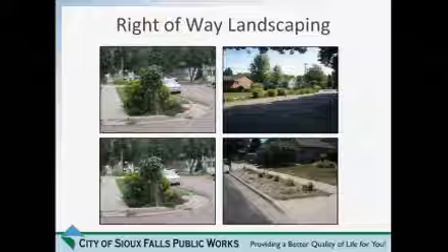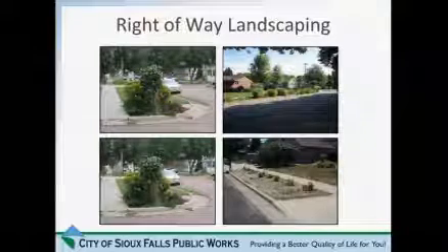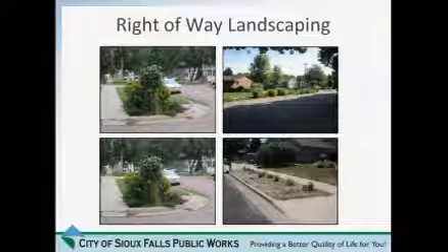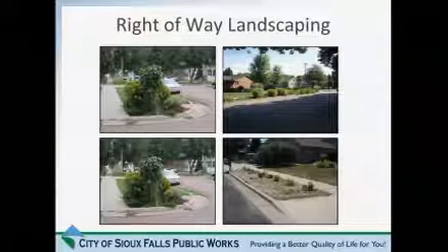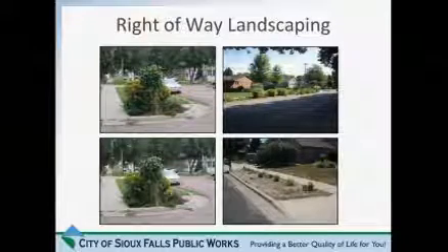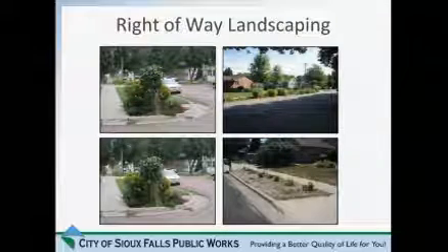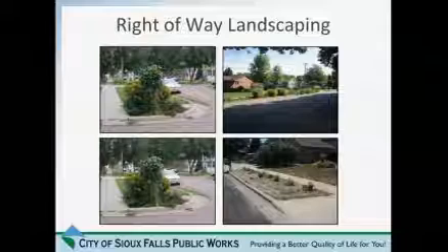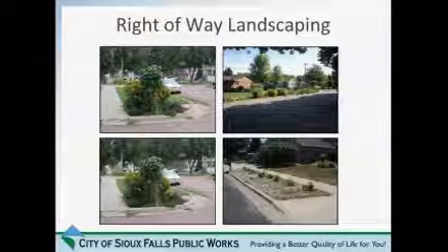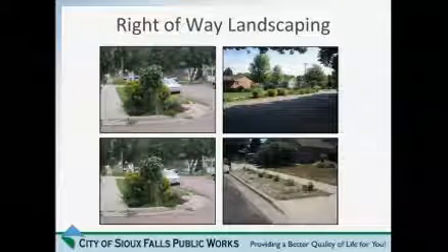It creates hazards for people, especially near intersections where we have sight distance issues. You can also have large bushes on either side of driveways that create sight distance issues. The bottom right picture is where somebody has utilized rock and plants and tried to enhance their boulevard.